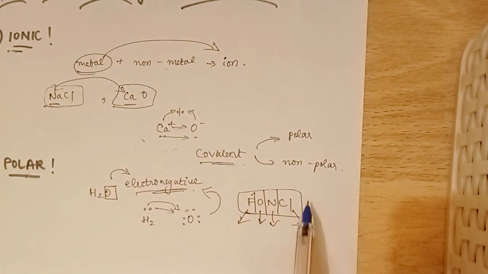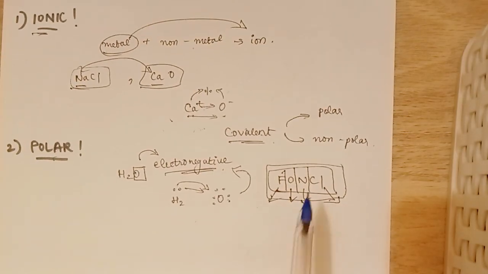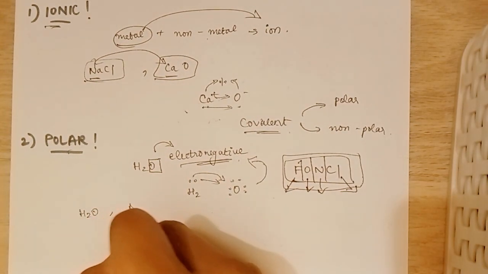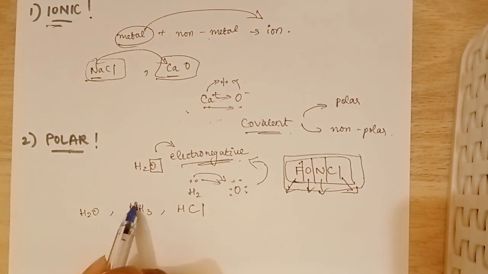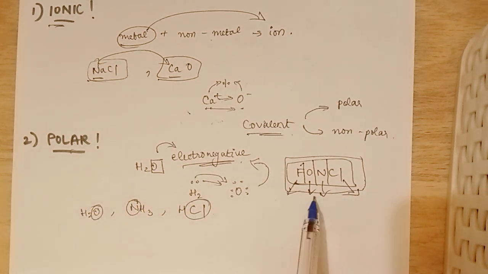So whenever you see these elements, this phone call, that means that compound is polar. Let's see. H2O, NH3 or ammonia, HCl. All of these have N, O and Cl. If any of the elements from phone call is found in any compound, then that is a polar compound.